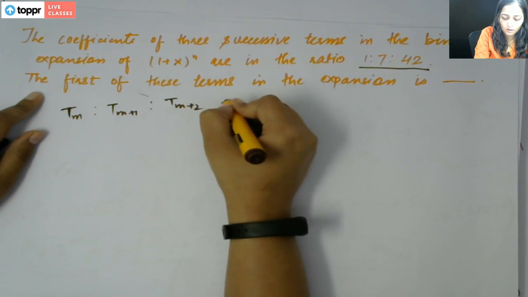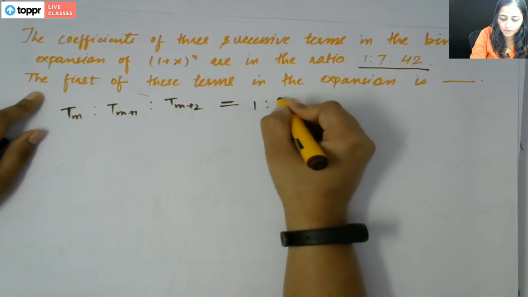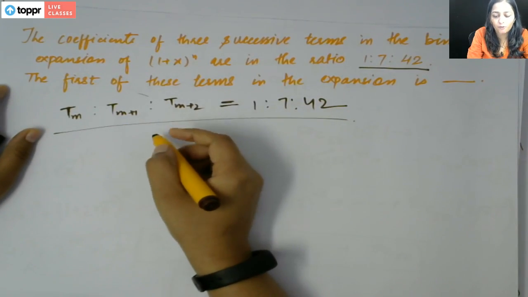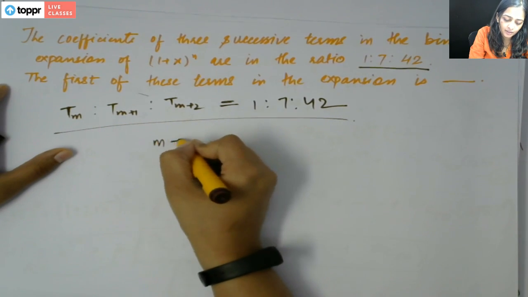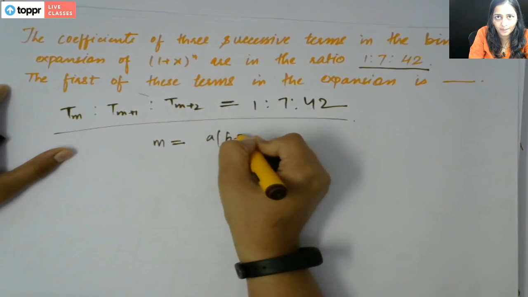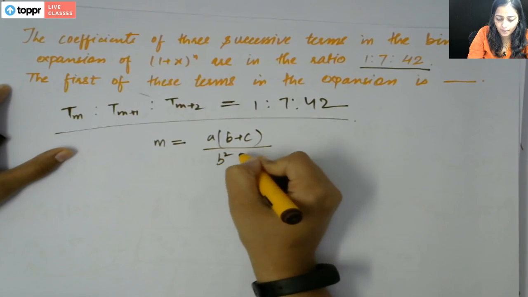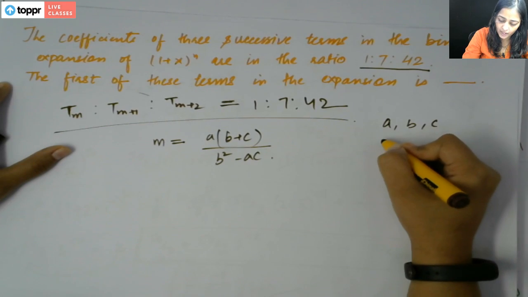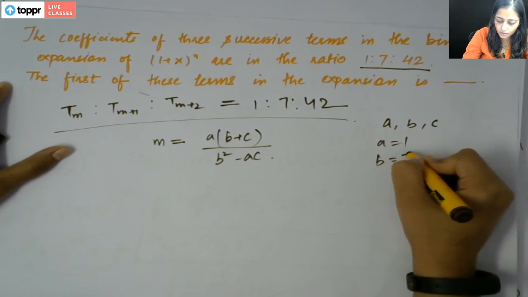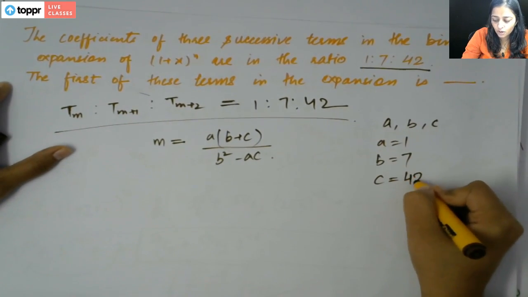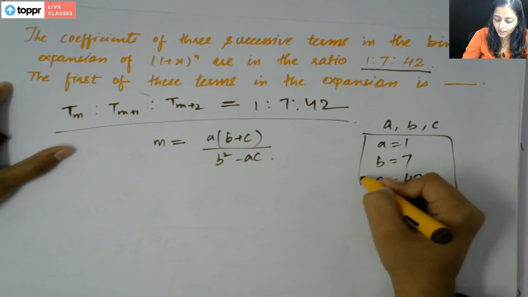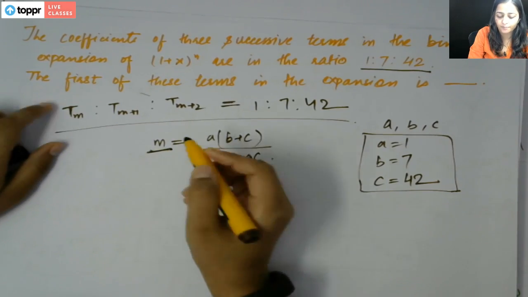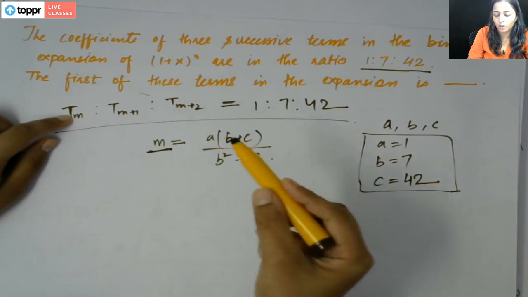The ratio of the coefficients of these terms is 1:7:42. We have a formula for it: m will be equal to (ab plus cb) divided by (b squared minus ac). Here a, b, c are the ratios. So a will be equal to 1, b will be equal to 7 and c will be equal to 42. So if you have the ratios, you can directly find the value of m.